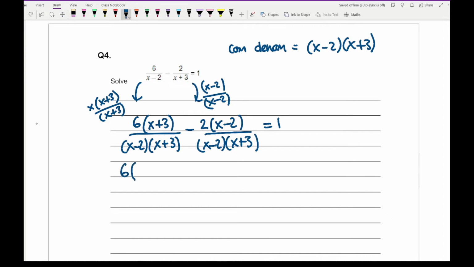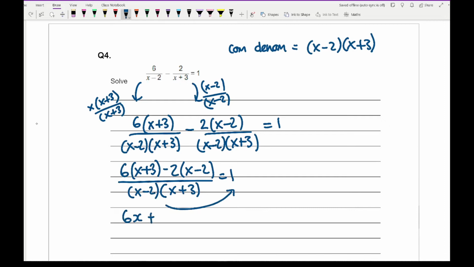So I've got 6x plus 3 minus 2x minus 2 all over x minus 2 x plus 3 equals 1. Then expanding and taking all of this over to the other side, I end up with 6x plus 18 minus 2x plus 4 equals x minus 2 x plus 3.